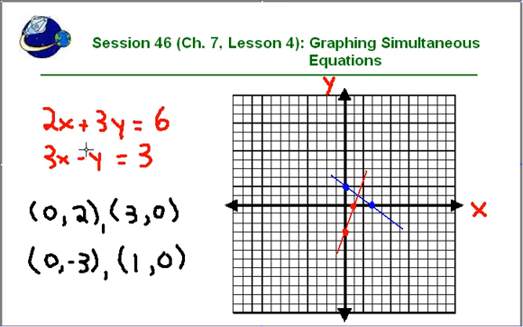For example, if we had tried to add these equations together, multiplying this by 3 to get a minus 3y, and then combined them, whatever x value and y value we would get would represent that point on the graph where the two intersect. So once again, on the graph for simultaneous equations, where they intersect each other represents the one common solution that both of those equations have with each other.